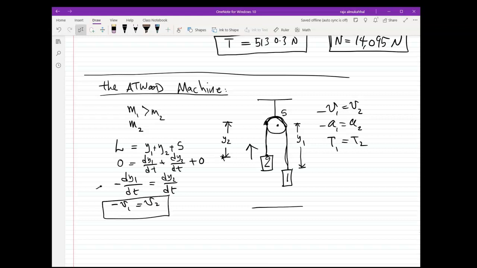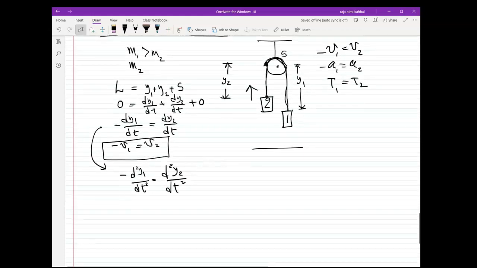Now if I continue on with this and take the second derivative, it's going to be minus d squared y1/dt squared equals d squared y2/dt squared. And what is that? That's the acceleration. Minus a1 equals a2, which is this one right here. So there we go.